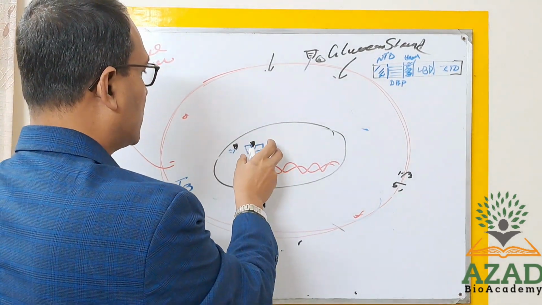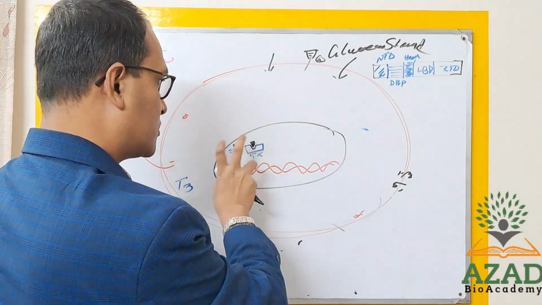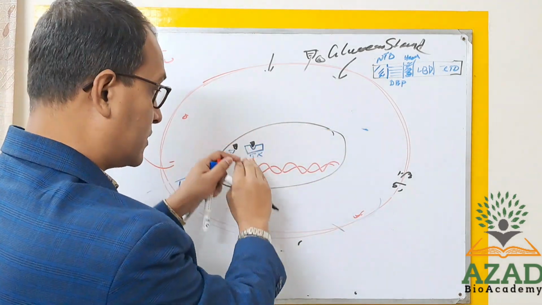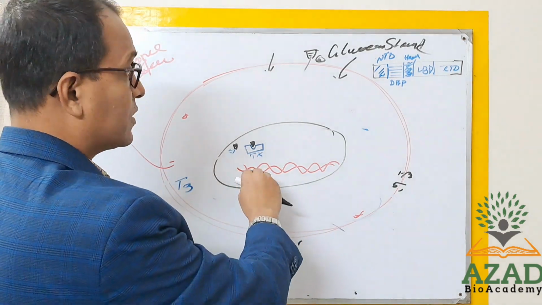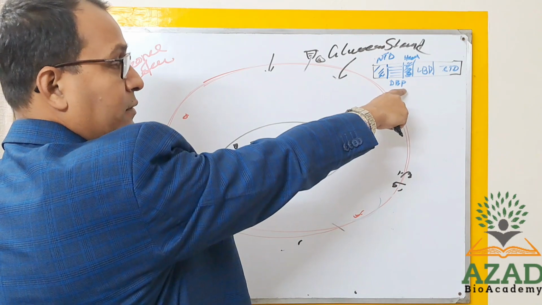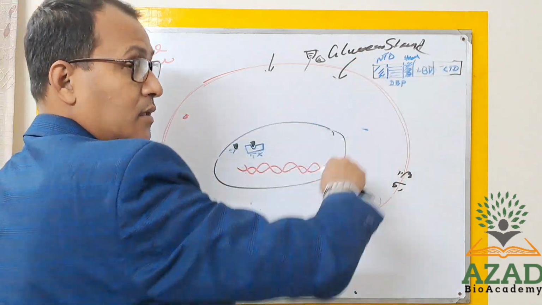This receptor also has different types of domains that will bind with the corresponding sequence. As I said, the DNA binding site is present on the nuclear receptor.